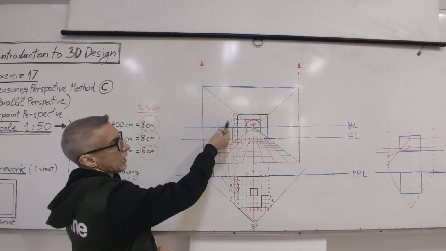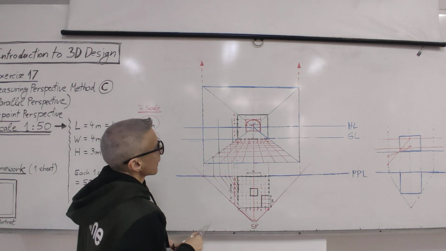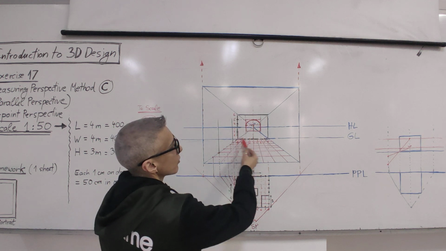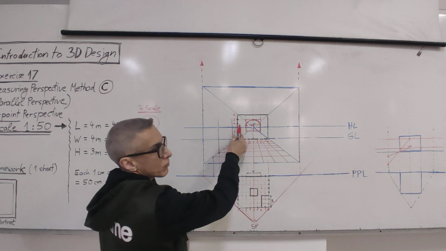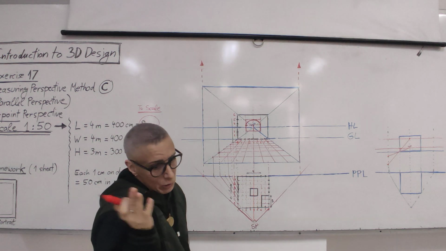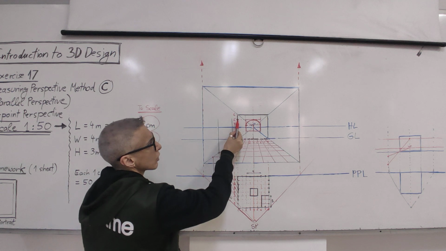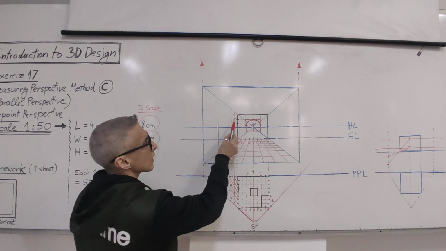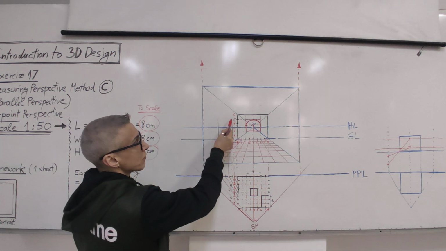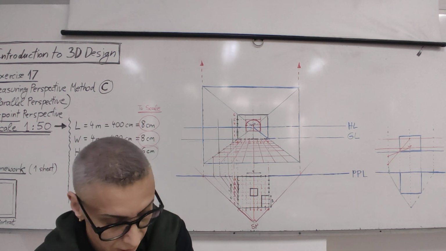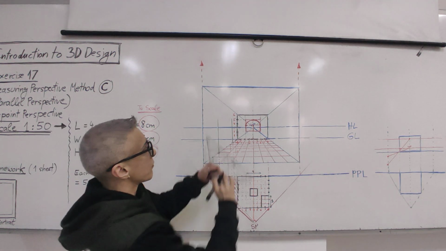Now, how do I know the height? The height, you need to measure again from this object. So how much down from the ceiling does the door end? Again, it depends. How much did I put here? I put 1 centimeter on the drawing. So at number 5, how do I know where it's going to be located? Well, we take the vanishing point.